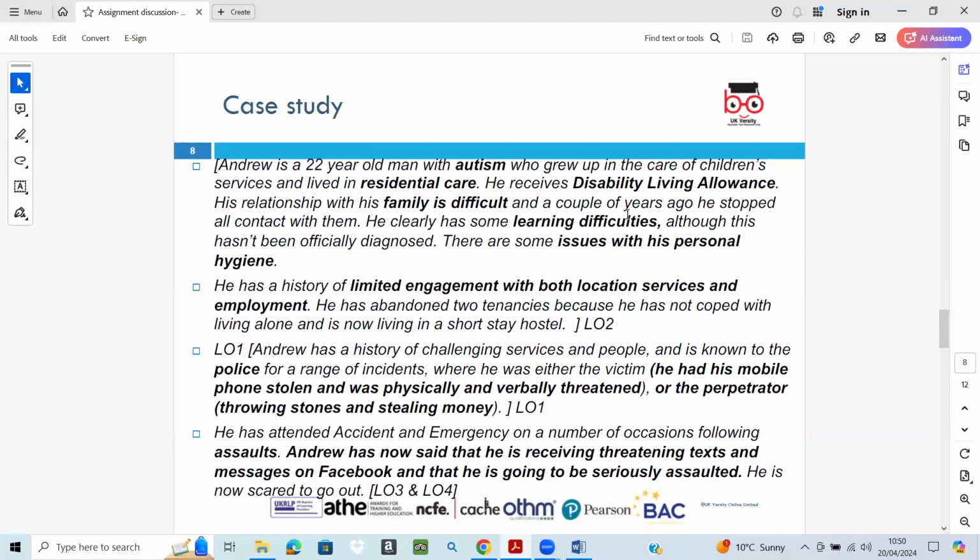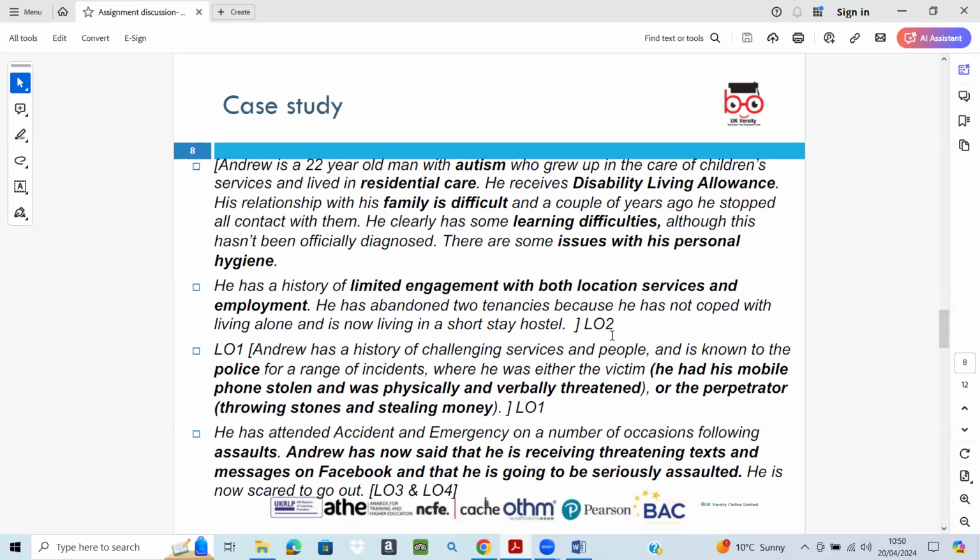Now, he has learning difficulties as well. Although this hasn't been officially diagnosed, there are some issues with his personal hygiene. So we have to look at his personal hygiene issue as well. Then, he has a history of limited engagement with both education services and employment.